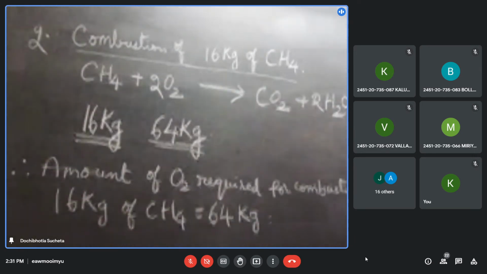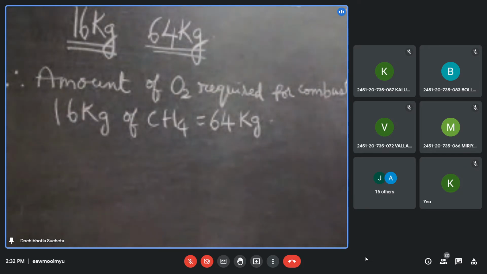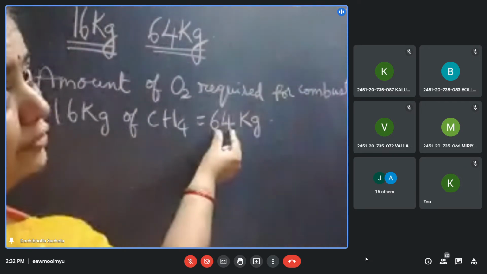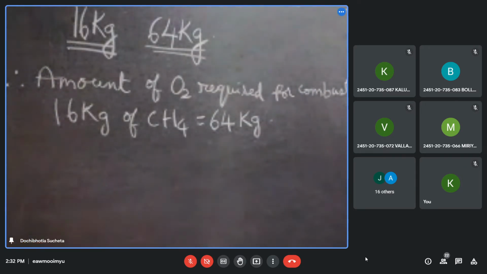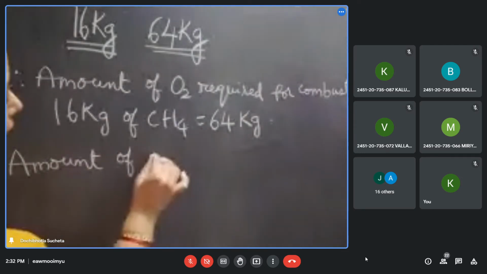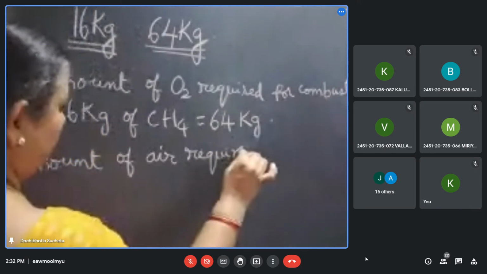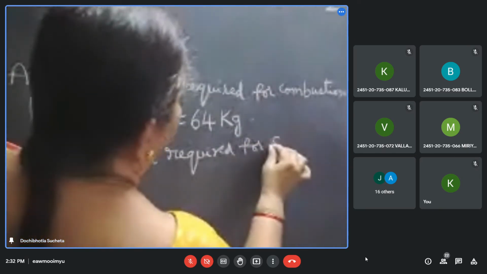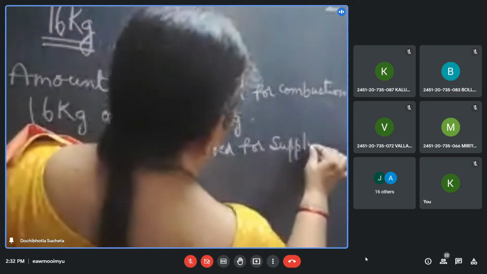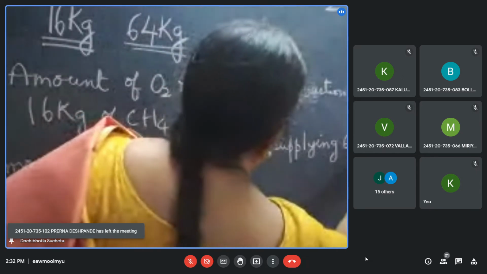That's the first one. Easy, understood. Now what should I do? I should calculate the air required for supplying 64 kgs of oxygen by weight and volume. So the second one is the amount of air required for supplying 64 kgs of O2.